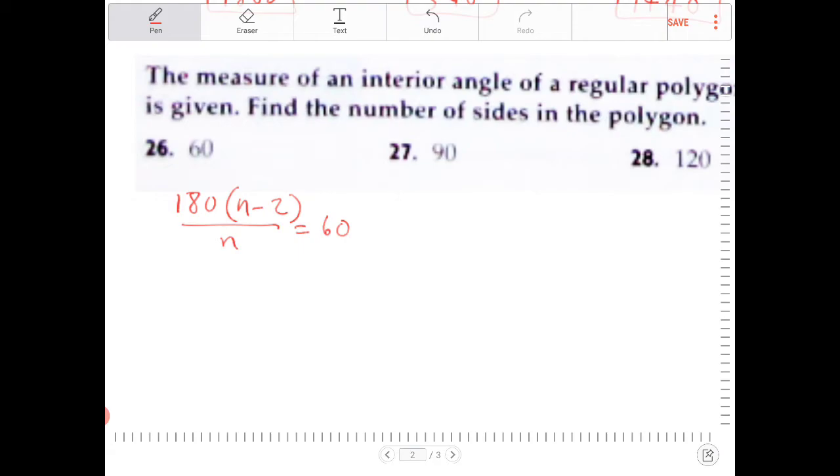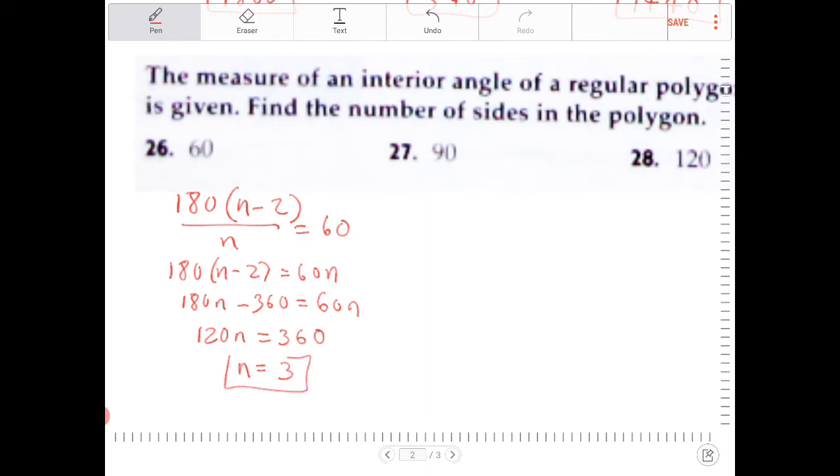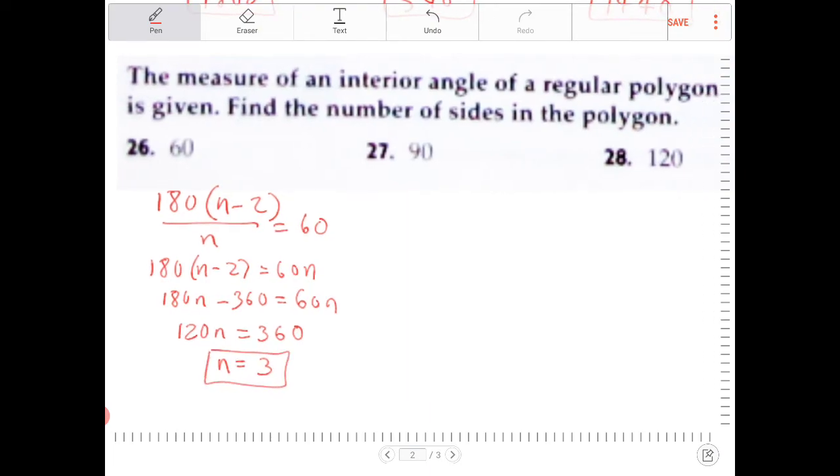So this is going to be 180 times n minus 2 is equal to 60n. Distribute the 180, I end up with 180n minus 360 is equal to 60n. Subtract 60n from both sides, I get 120n is equal to 360. n, therefore, is equal to 3. You can certainly do this.